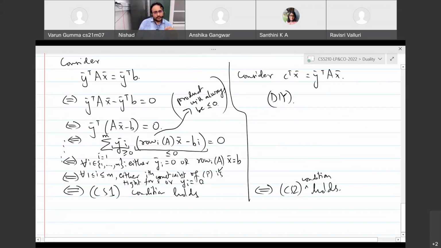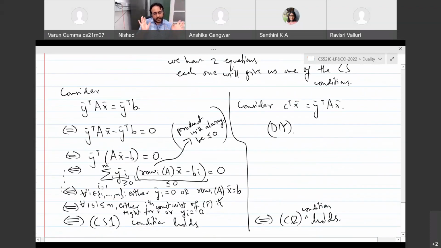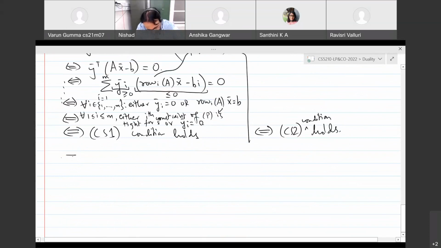So this is the forward direction, and you can see that most of the things we did are if and only if. So I want you all to think about why the converse direction also goes through. So maybe I'll just say the converse direction, do it yourself.